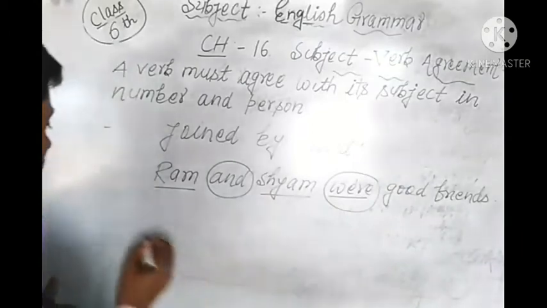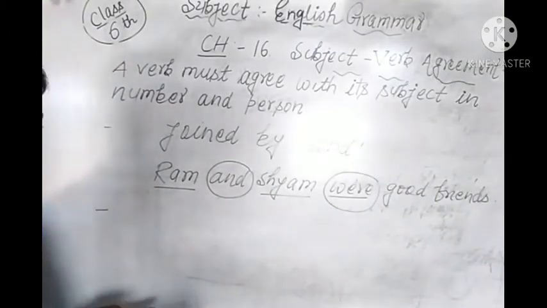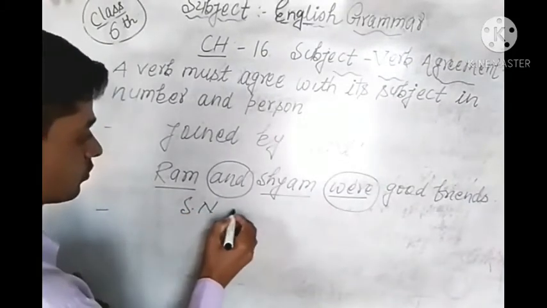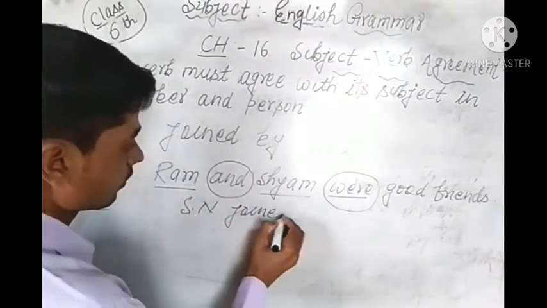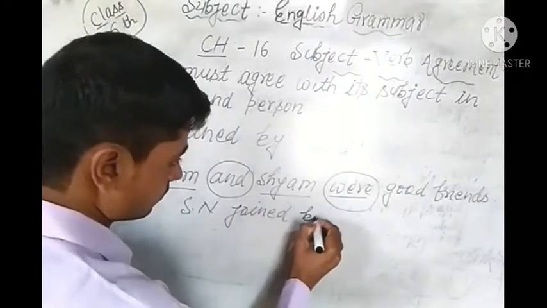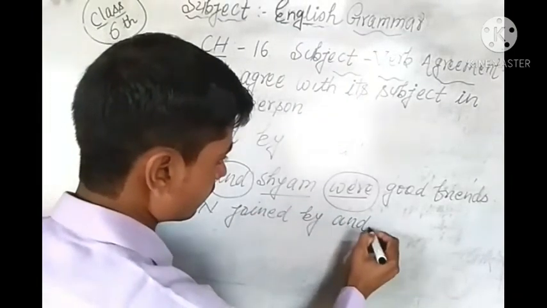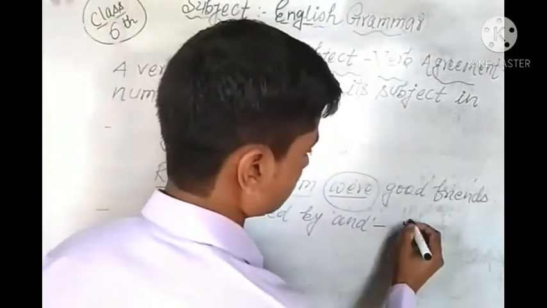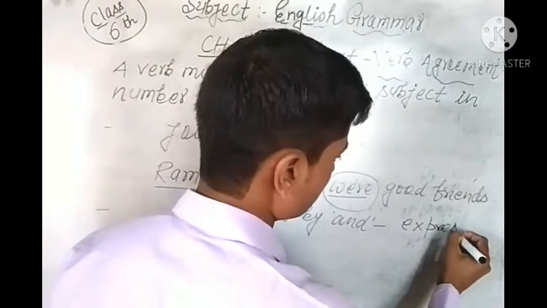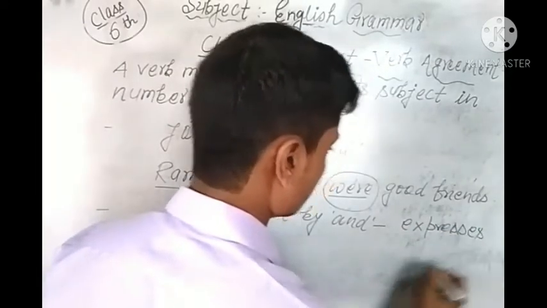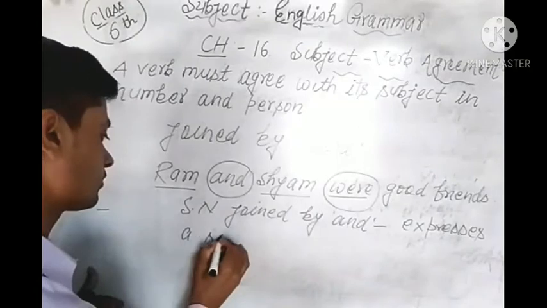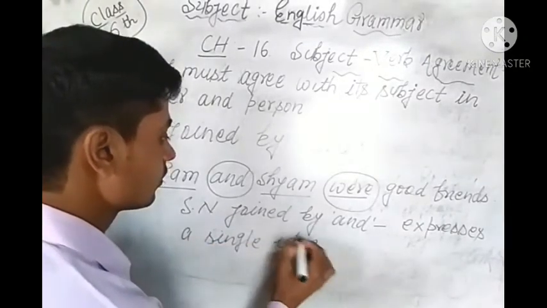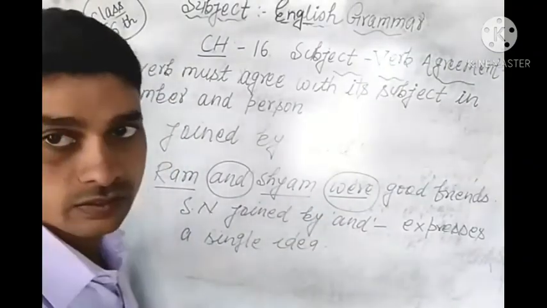Okay. Now the second number: if two singular nouns are joined by and but express a single idea, then we use the singular verb.